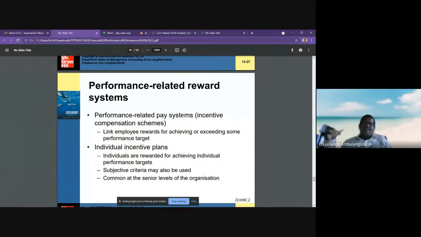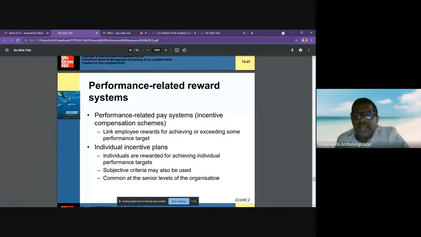On the other hand, you may have the individual incentives. You have to do this much of work today. So then you get the reward, right? Individual incentive plans: individuals are rewarded for achieving individual performance targets. This is the individual performance-related pay. Subjective criteria may also be used, common at the senior level of the organization.